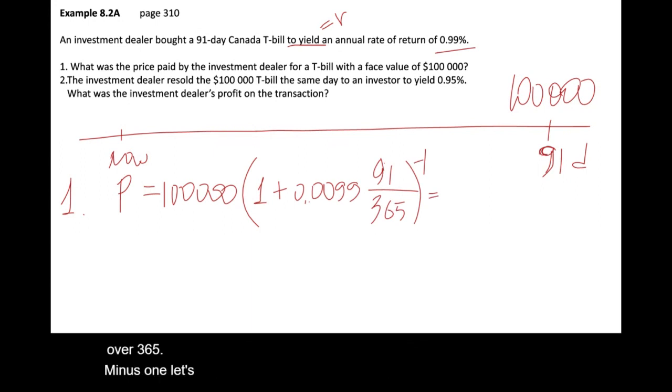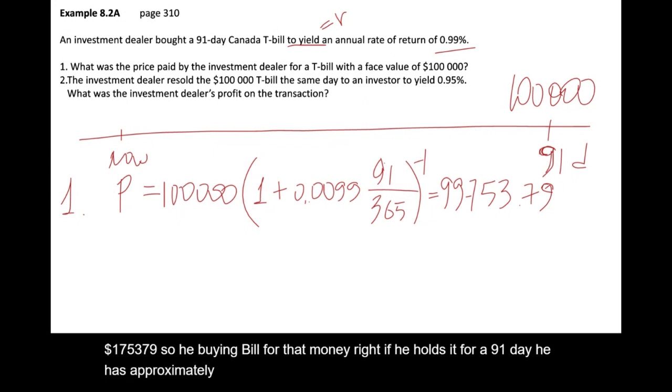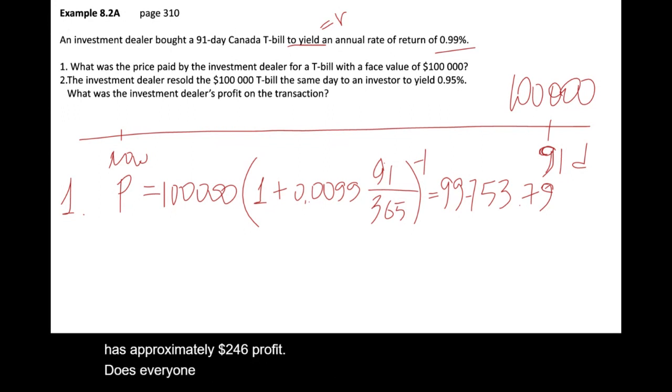Let's see, what is it? $99,753.79. So he is buying the bill for that money, right? If he holds it for 91 days, he has approximately $246 profit. Does everyone understand that part?